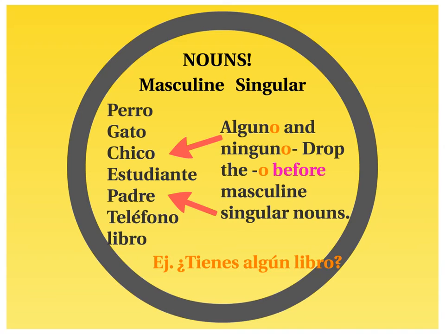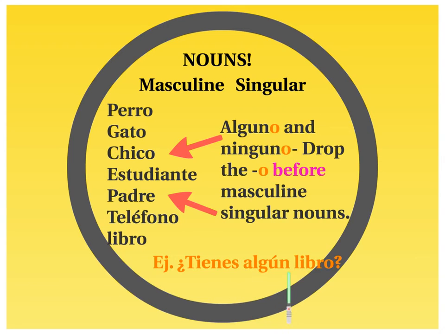So if you have a masculine noun, okay, perro, gato, chico, estudiante, padre, teléfono, libro, these are masculine and they're also singular. What is specific about this is you see this orange O, you are going to drop this O from alguno. You're going to drop the O from ninguno before masculine singular nouns.